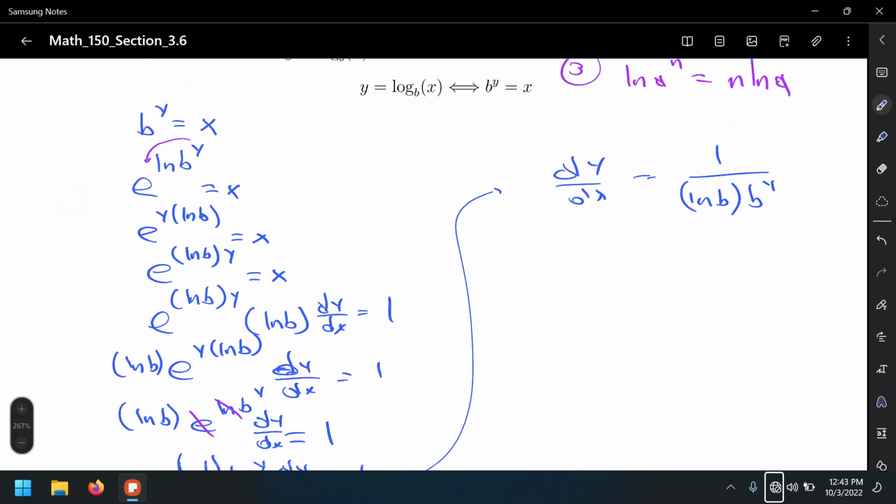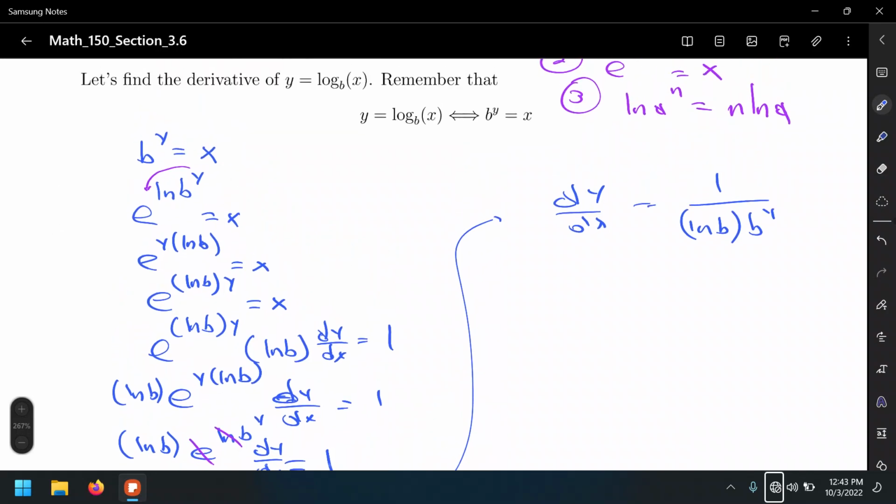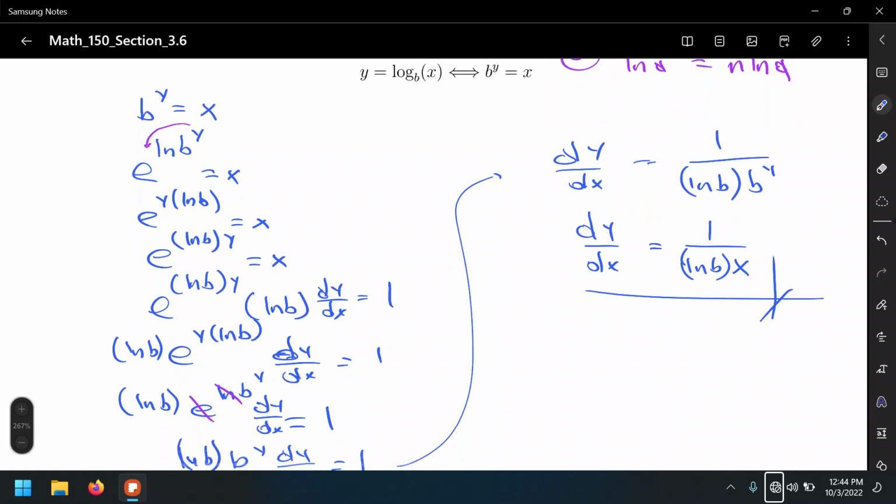But again, in the same way that we wanted to get a derivative for arc sine, I'm getting as a final result a function that depends on y. So we need to take this back to terms of x. What is this b to the y? Remember, this is x. So this is dy/dx equals 1 over ln of b times x. All right, and that's the derivative of a general logarithmic function.